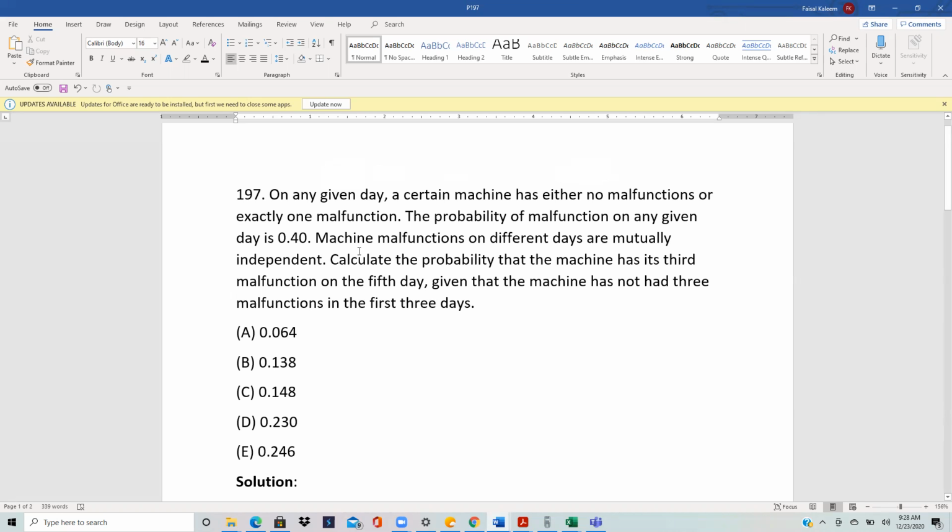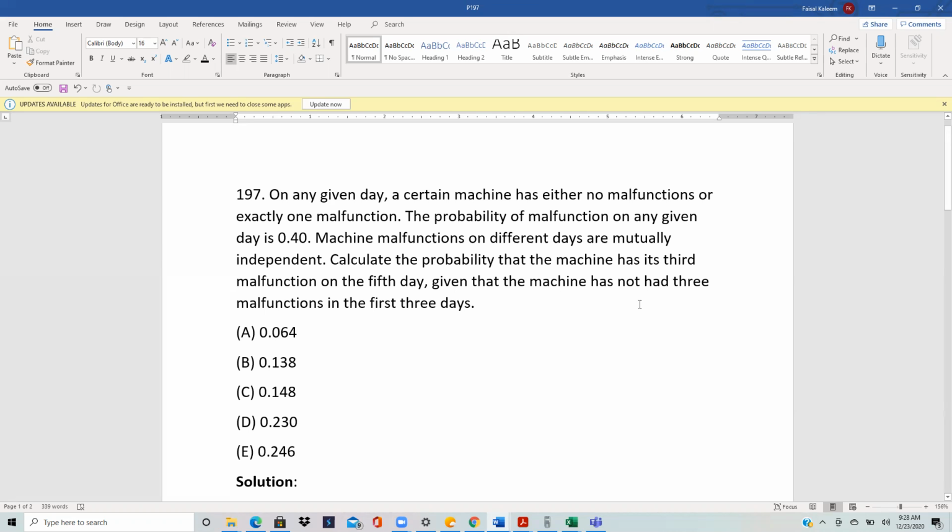Given that the machine has not had three malfunctions in the first 3 days. So let's understand this last statement first.